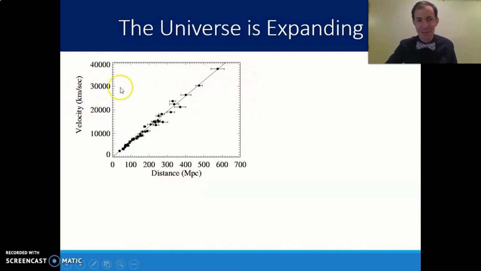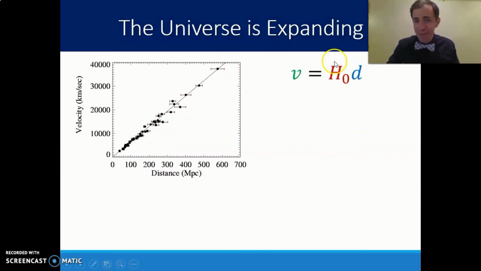But here we're talking about speeds of like 30,000 kilometers every second. And this relationship is fairly linear. At least what he found was fairly linear. We're going to talk more about that in a little bit.